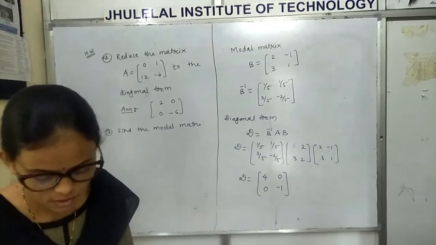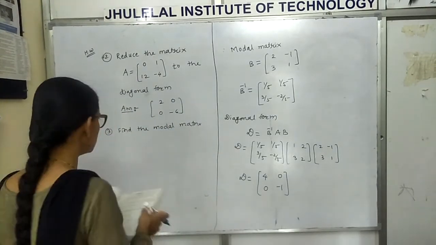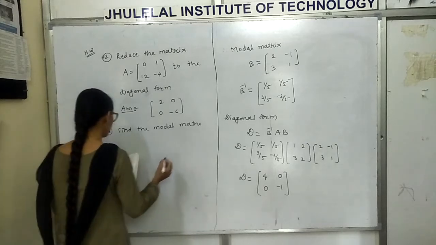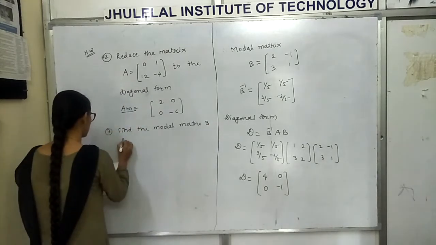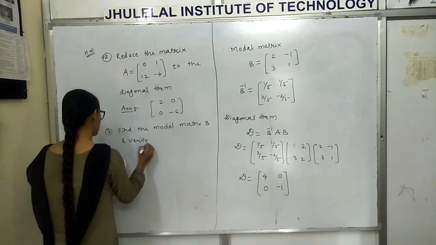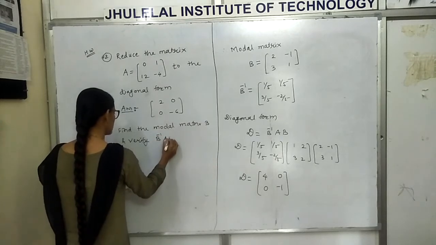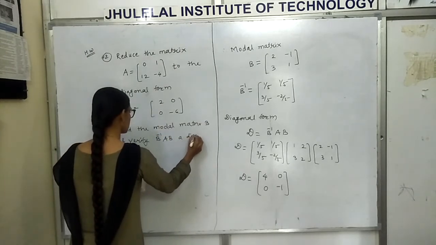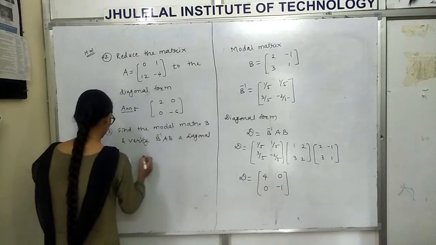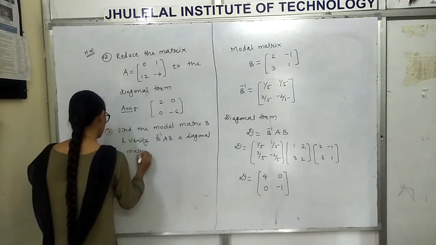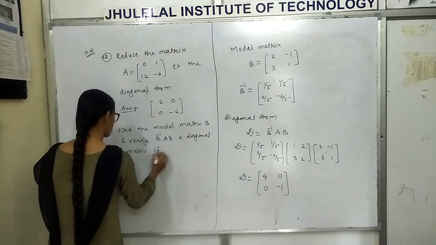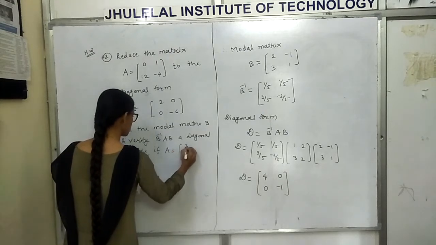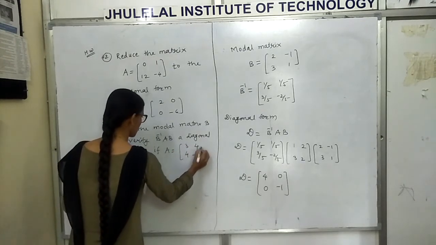Similarly, try this next example. Find the model matrix B and verify B inverse AB is a diagonal matrix, if A is equal to 3, 4, 4 minus 3.